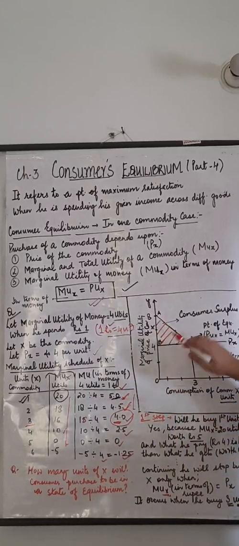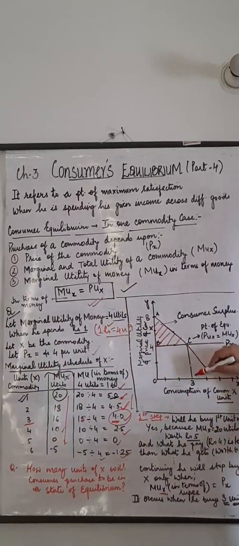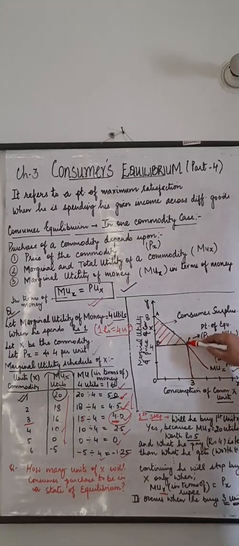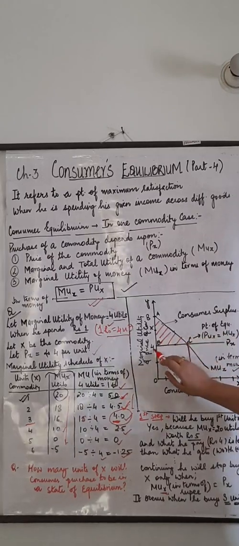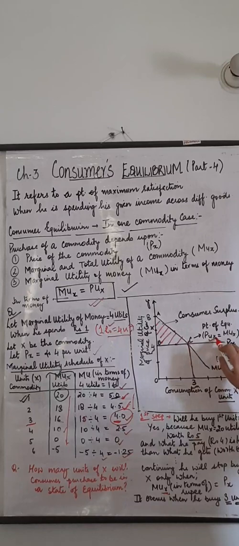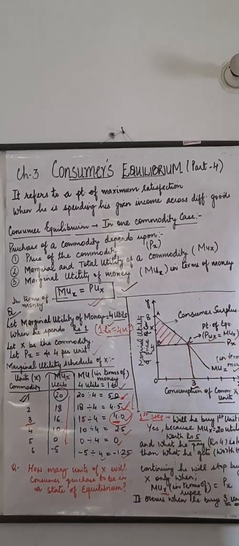So we have marked it. At point 3 units, we have seen that there is a point of equilibrium. At price 4, 3 units are consumed, and that is the point where PX equals MUX in terms of money.